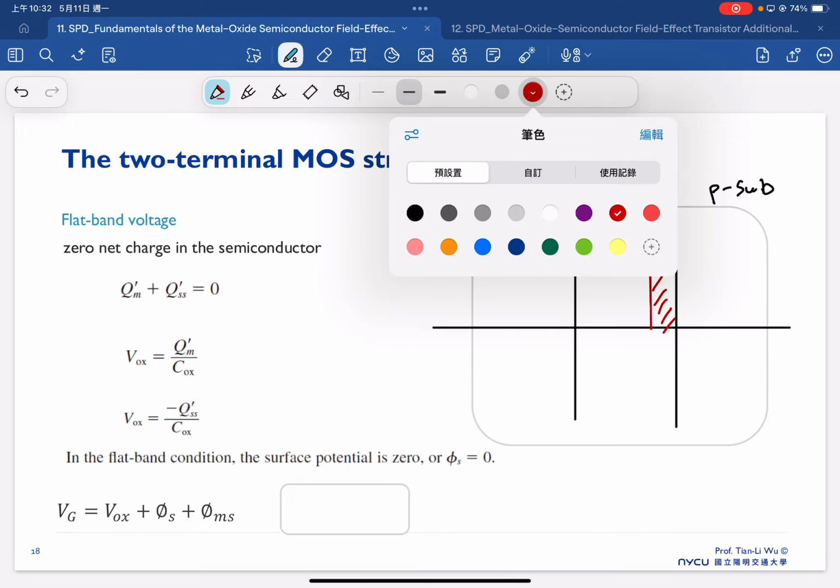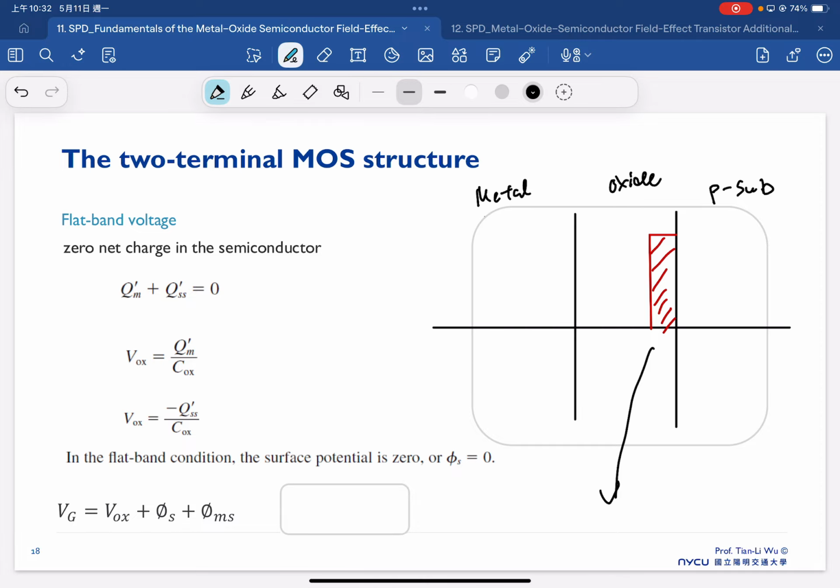So in this case, we assume a certain fixed surface charge in the oxide, because the silicon dioxide is not perfect, so it could already have some charge here.